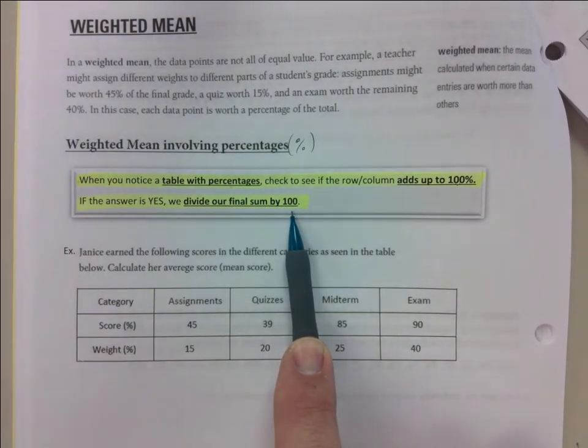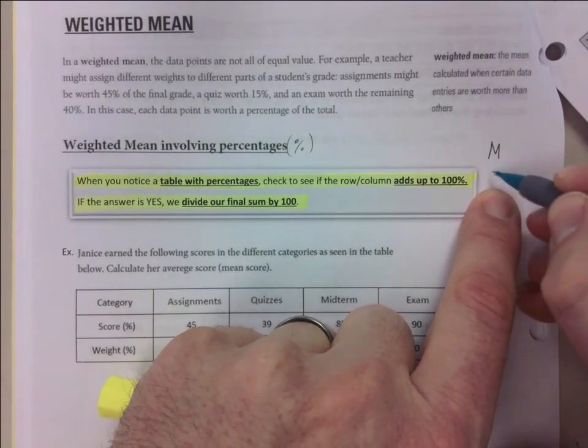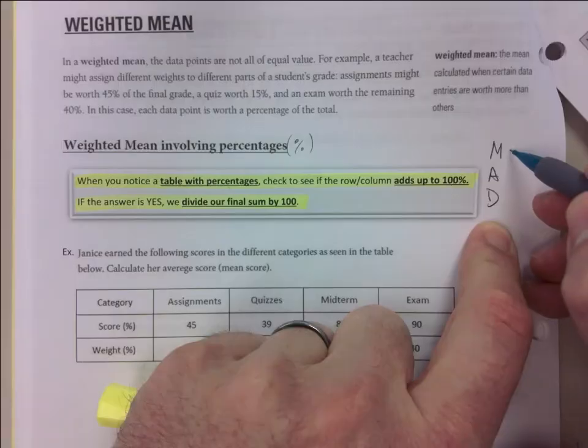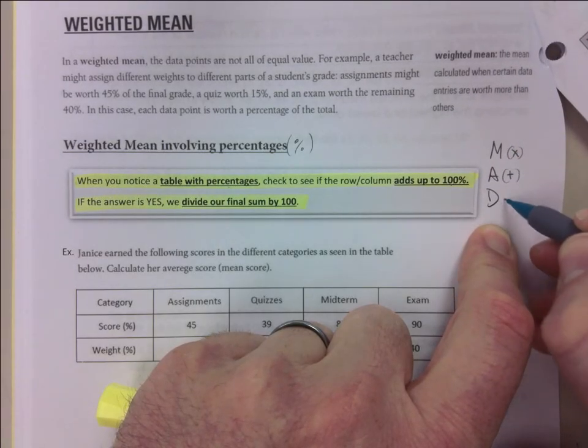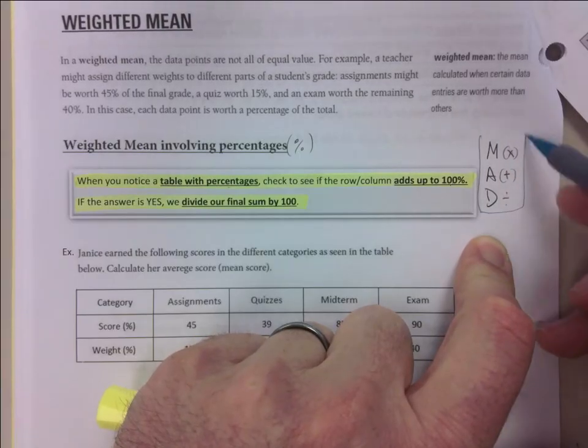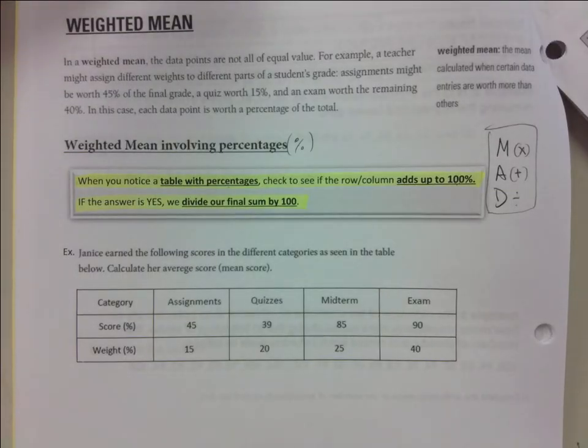We don't have to check or do any of the wanted, unwanted part. You just go for it. So it's still MAD, right? We're still multiplying, then we're adding, then we're dividing. That process doesn't change when it comes to weighted mean.